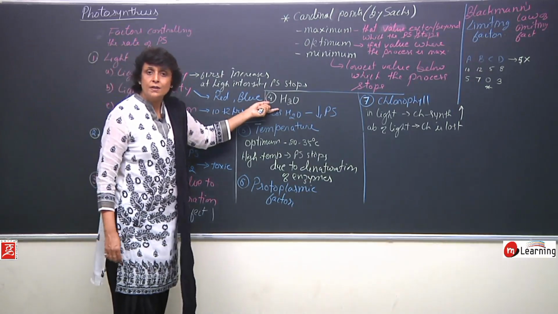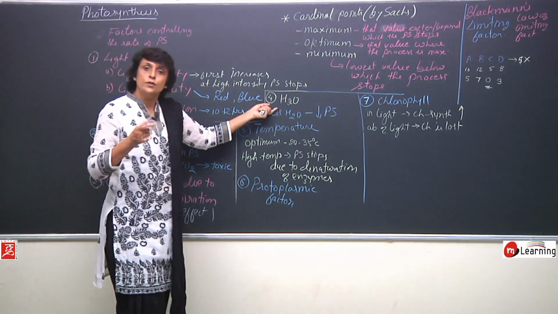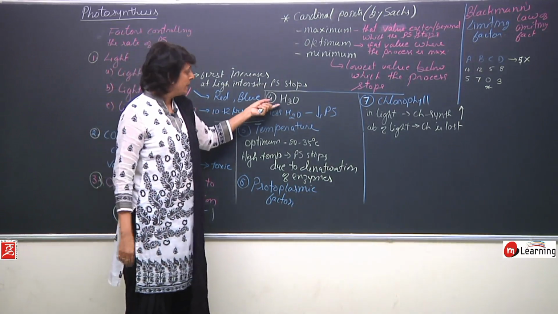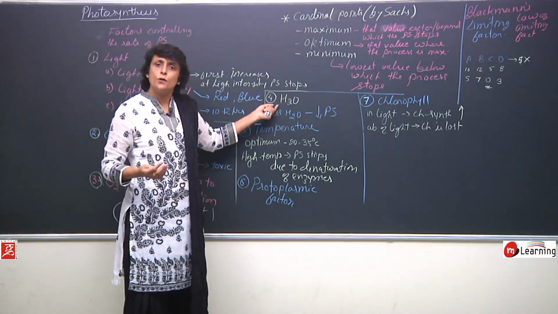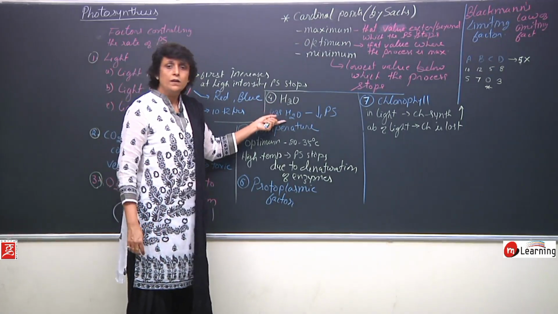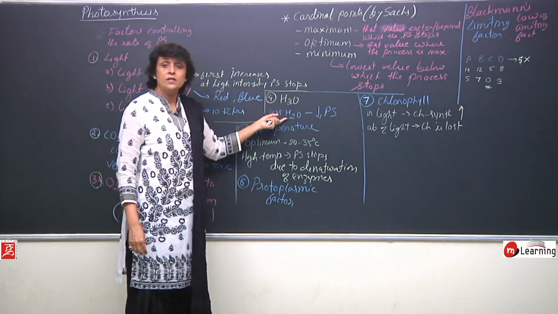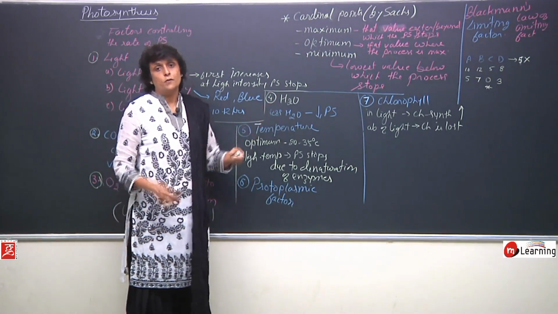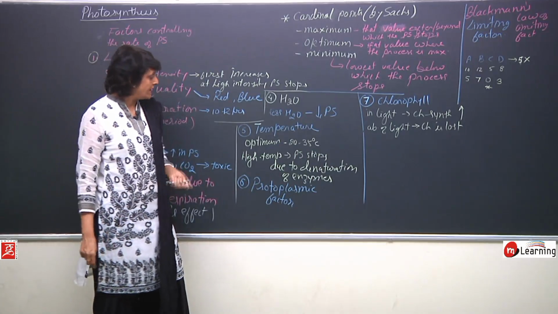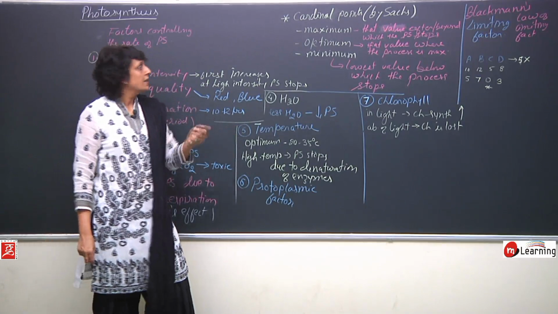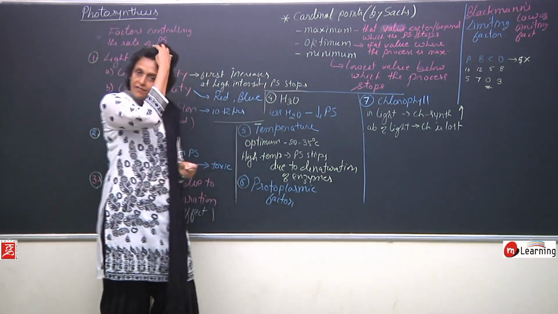Can water act as a limiting factor? That means suppose there is no water in the soil, you have not watered the plant. Light is in plenty, carbon dioxide, pigments are also enough. Will photosynthesis take place? This water is the raw material. So if raw material is not there, how will the plant synthesize its organic matter? So every factor can act as a limiting factor.